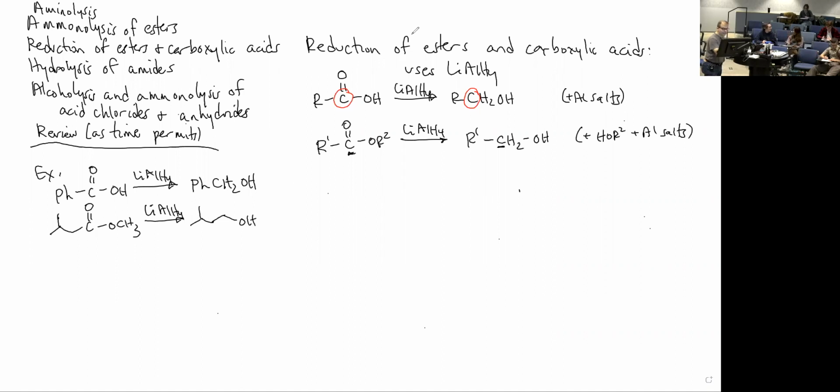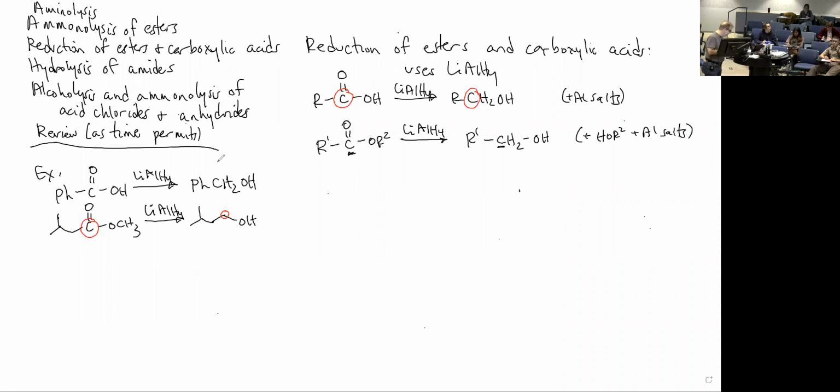Let me just point out where the carbons went. This carbon over here used to be the ester carbonyl carbon. And you would also get methanol, and in both cases, aluminum salts. But the major organic product in both cases will be a primary alcohol.